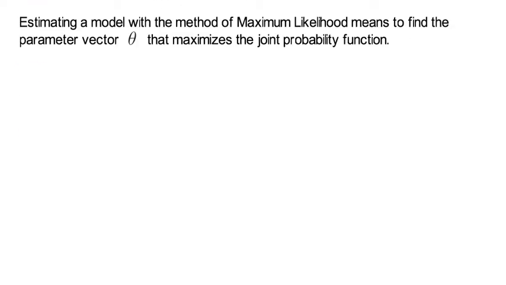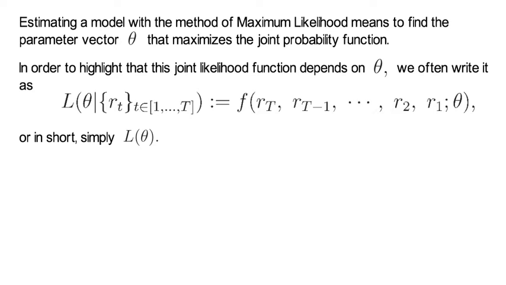Estimating a model with the method of maximum likelihood means you want to find the parameter vector theta that maximizes the joint probability function. In order to highlight that this joint likelihood function depends on theta, we often write that as follows, or we simply use shorthand notation L of theta.